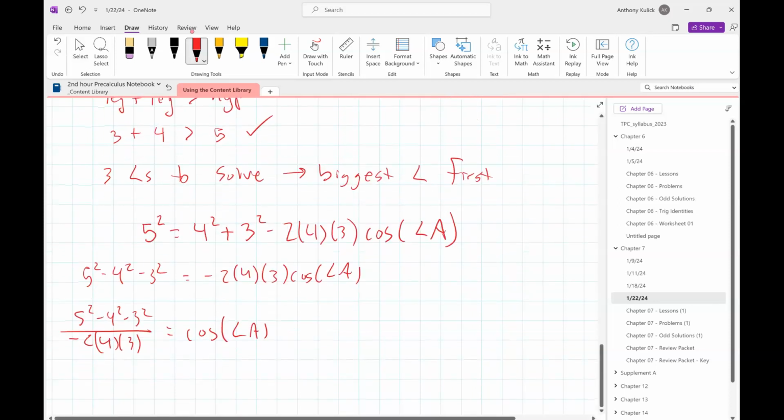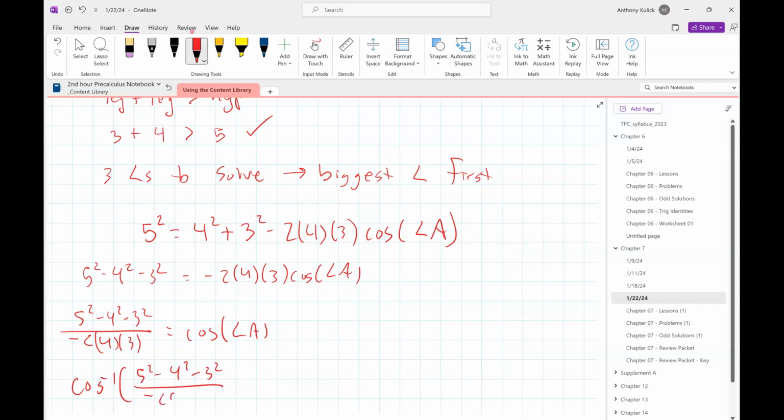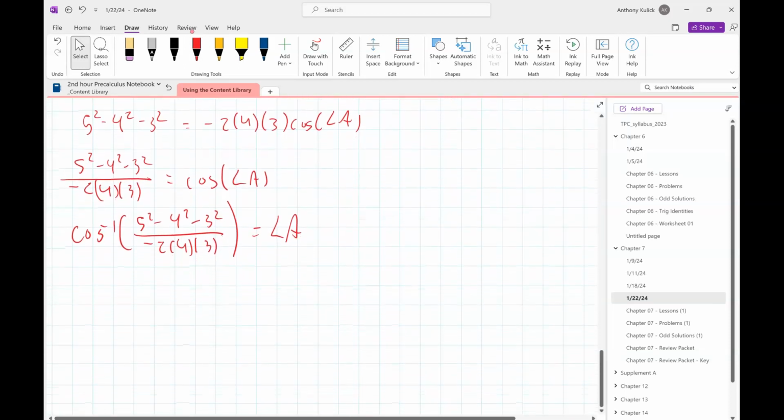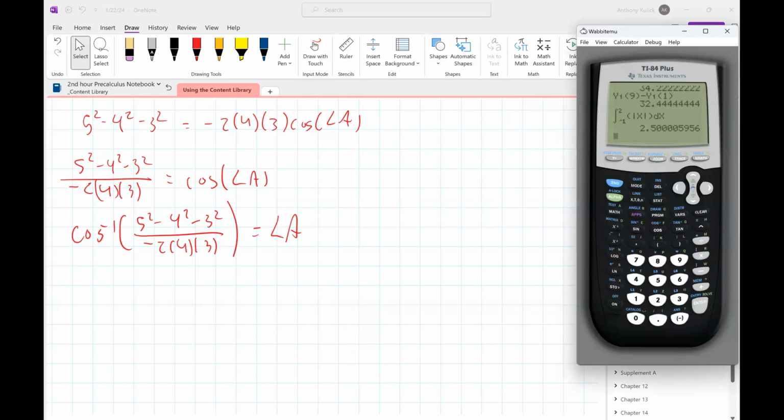And then we're going to do cosine inverse of both sides to cancel out the cosine. So far, so good. At this point, it's calculator time. I want to check my mode since I haven't used my calculator in a minute. Get that into degree mode there.